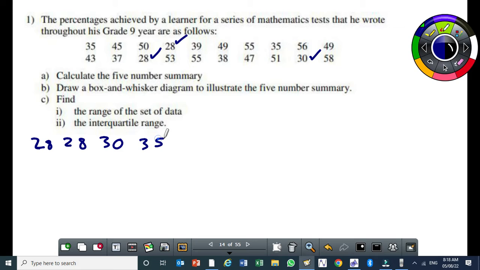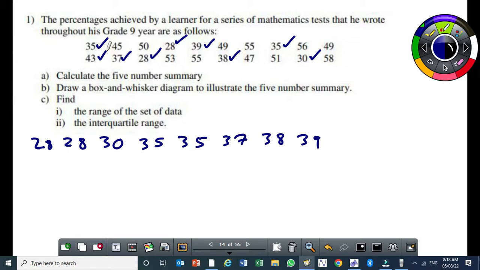Now, we have got a 35 here, we have got another 35 there. So we put 35 there. Then we have got a 37. And then we have 38. Right? And then we have a 39 as well. We have 40. No. 41. No. 42. 43. We have got one 43 there.